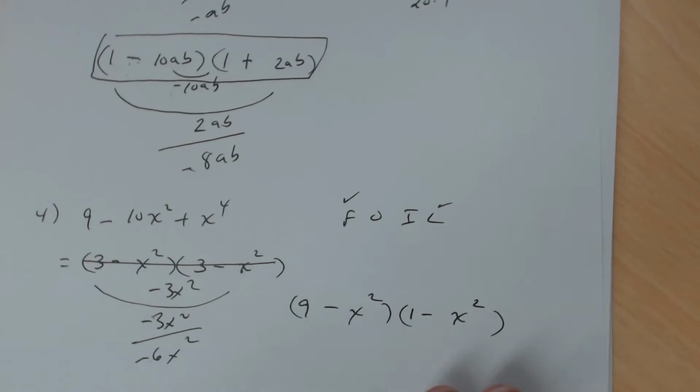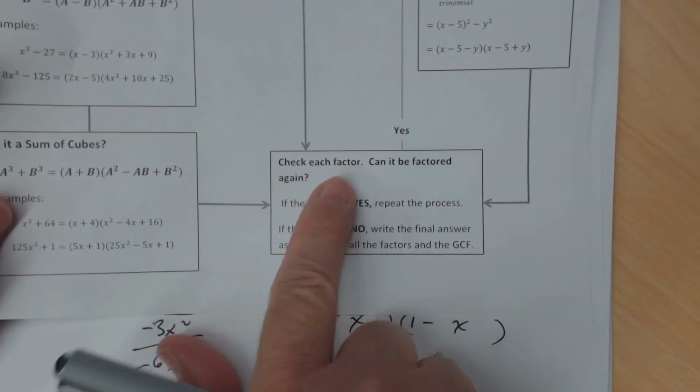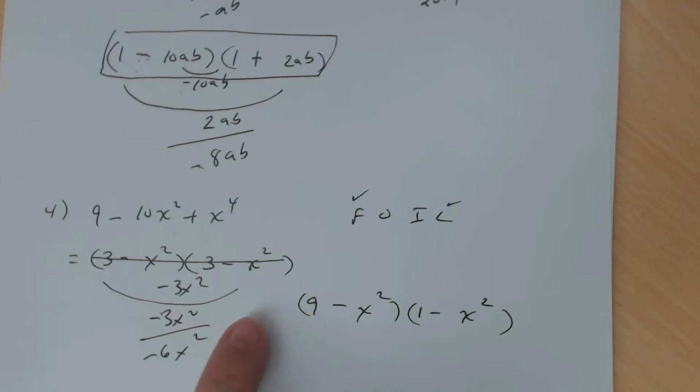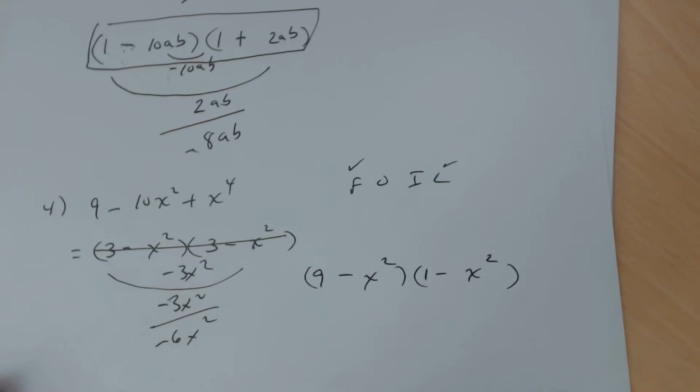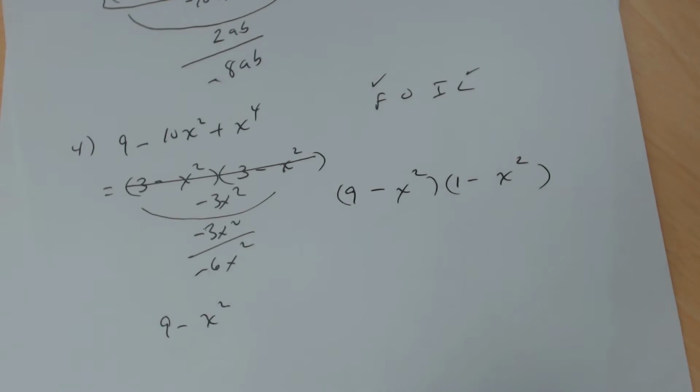Now, that's not the answer, because you remember this last thing right here says check each factor, can it be factored again. Well, look at this 9 minus x squared.